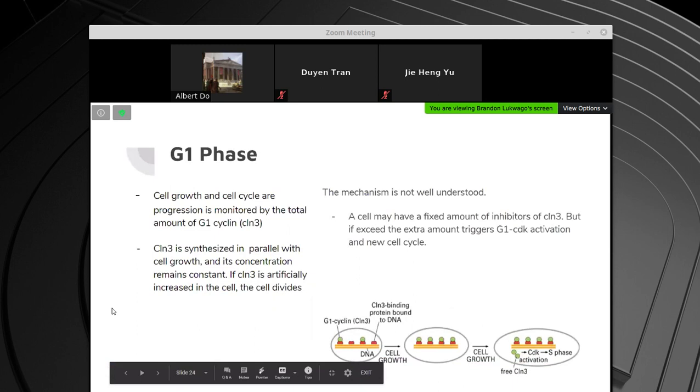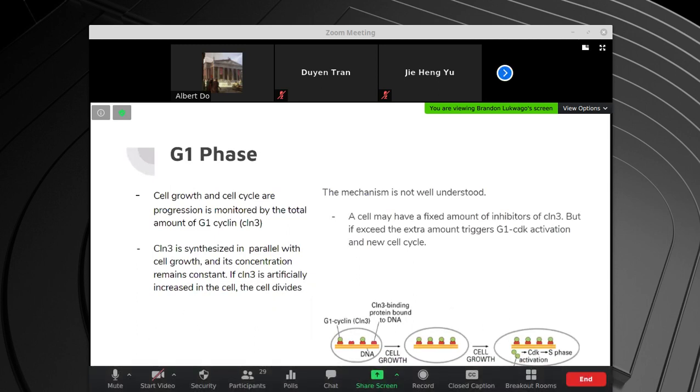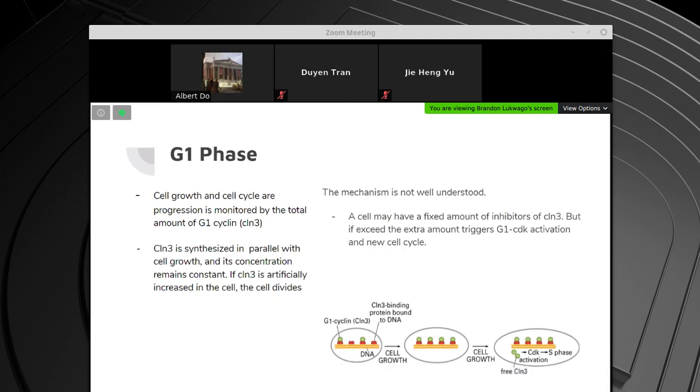First I'm going to talk about the G1 phase. As mentioned before, in this phase we have the end of cyclin synthesis and the start of DNA synthesis. Here the cell growth and cell cycle progression are monitored by the total amount of the G1 cyclin, which is also called CLN3.